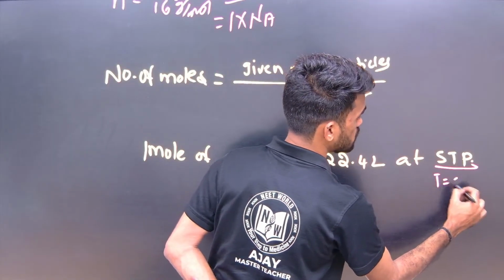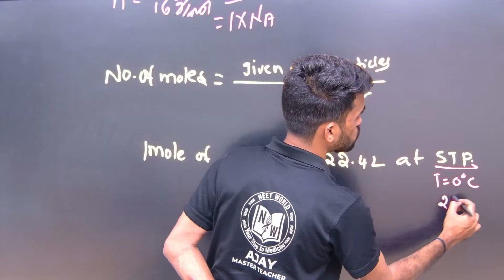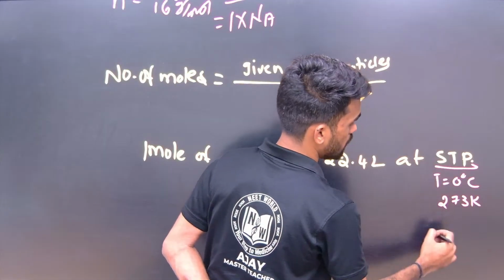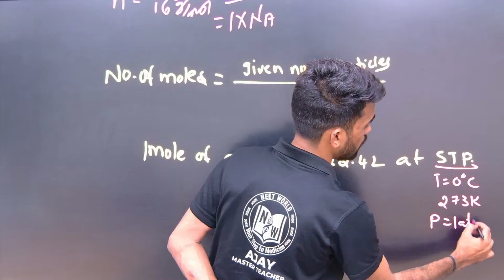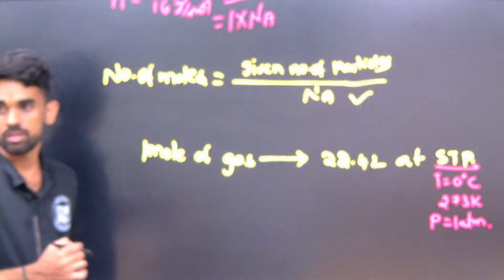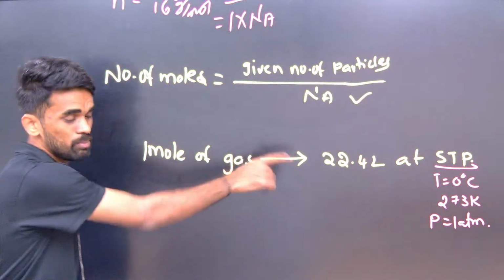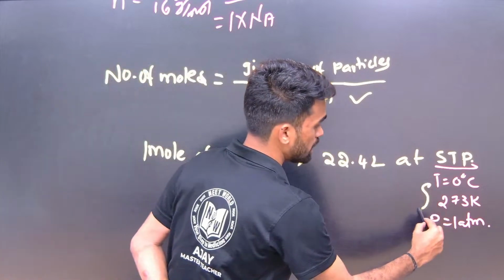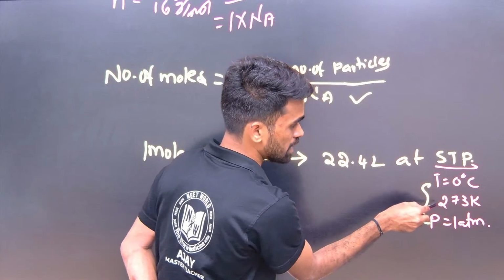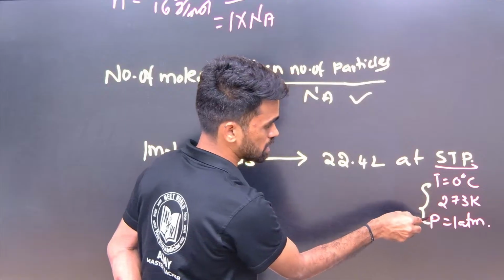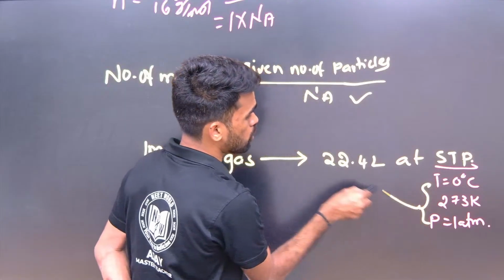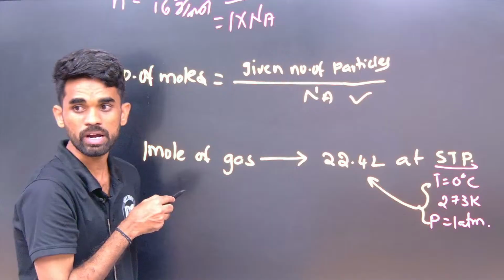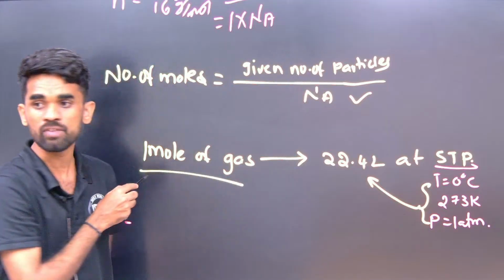Temperature should be 0 degrees Celsius or 273 Kelvin, and pressure should be 1 atm, atmospheric pressure. So these are standardized. At this constant temperature and pressure, the volume occupied by 1 mole of that gas will be 22.4 liters.